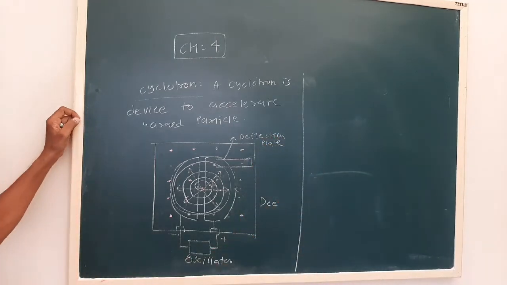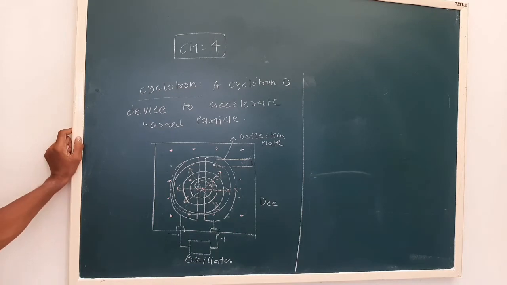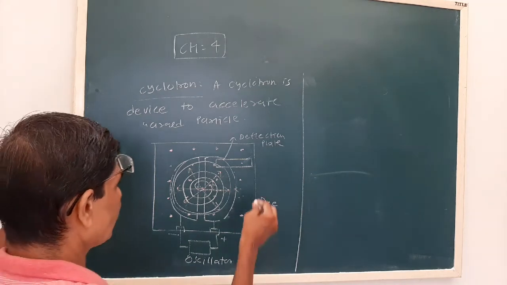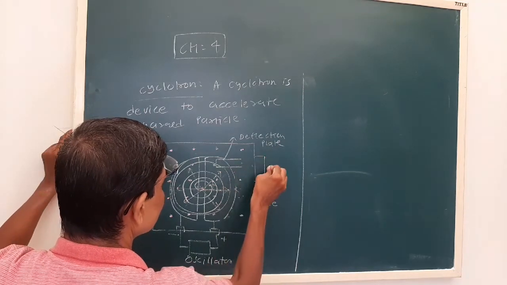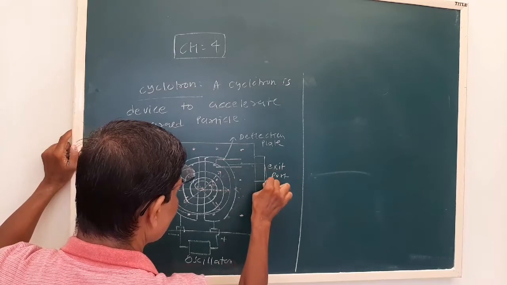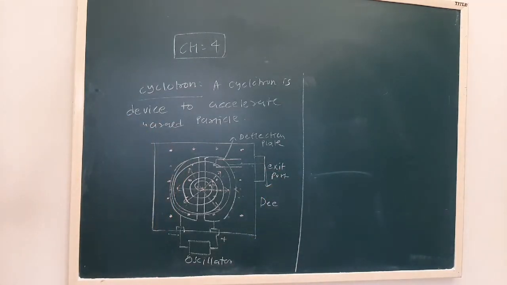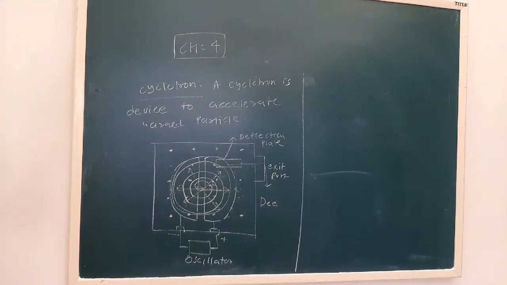The deflection plate will change the direction, and there is an exit port provided here, from which we can take the charged particle out. So this is how the device works.